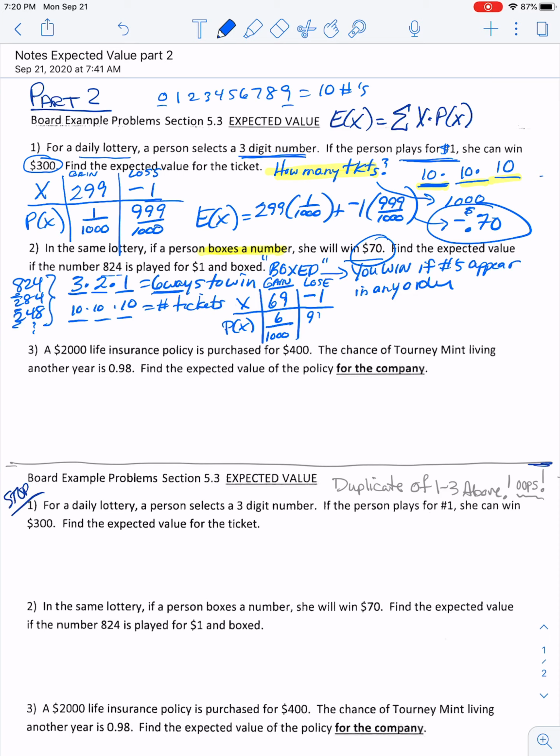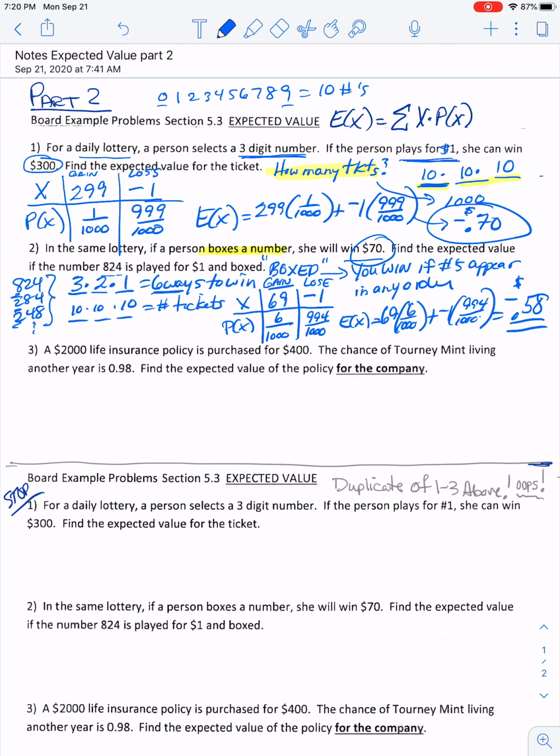The rest are losers, 994 over 1,000. So then your expected value is 69 times 6 over 1,000 plus -1 times 994 over 1,000. And I found on this one we're still losing money. This time, on average, 58 cents on every dollar you play.